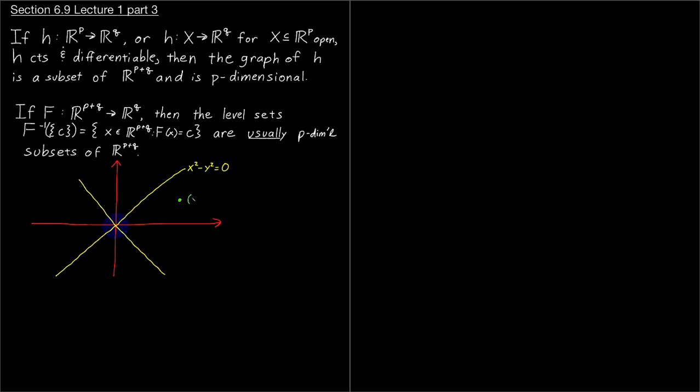For example, if you take the equation x minus 3 squared plus y minus 1 squared and set it equal to 0, the graph of that is a single point, which is not one-dimensional, it's zero-dimensional. Or if you take the graph of x squared plus y squared equals -1, the graph of that is the empty set. There's nothing in it. So that's certainly not a nice one-dimensional subset of R2.